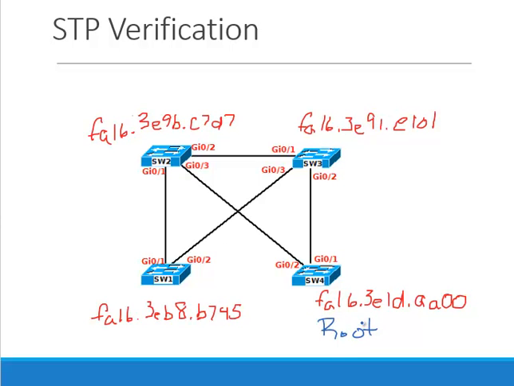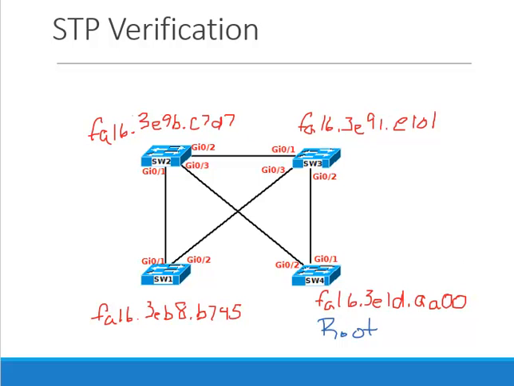Now let's go ahead and elect our root ports. Remember, the root port is an interface on a non-root bridge that has the lowest path cost to the root bridge. So on switch 3 here, gig 0/2 goes directly to switch 1 versus going across this other link.